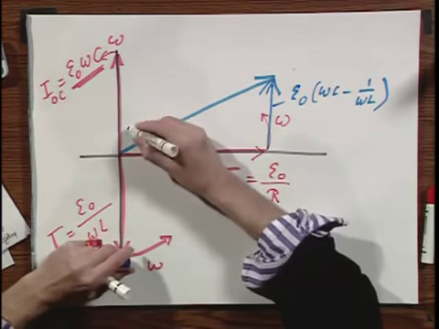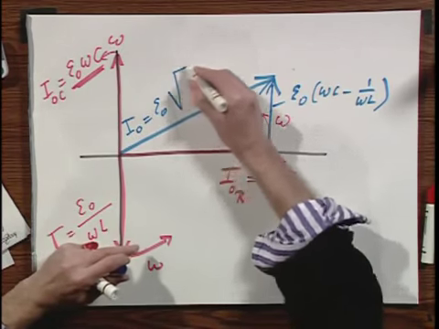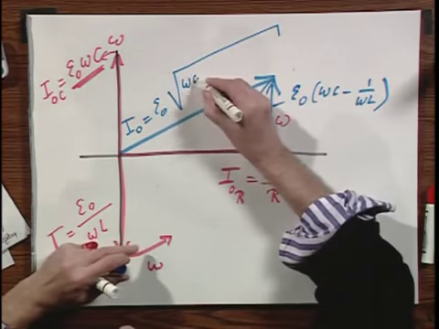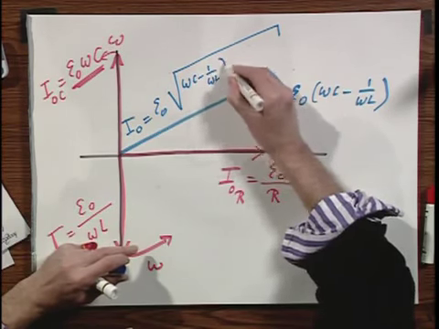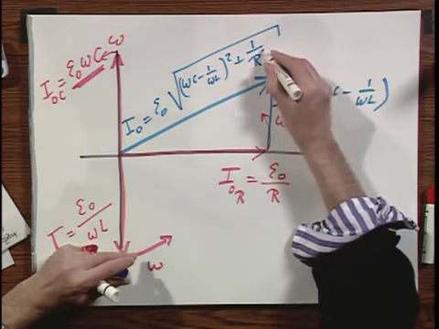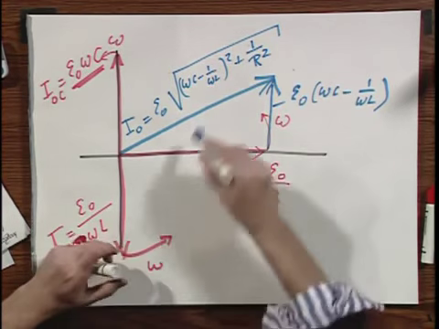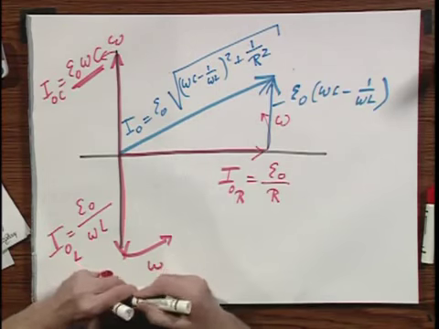Then this current I0, which is the amplitude, equals E0 times the square root of (omega C minus 1 over omega L) squared plus (1 over R) squared. Be careful, this may look similar to the one you have seen in a series, but it is very different.